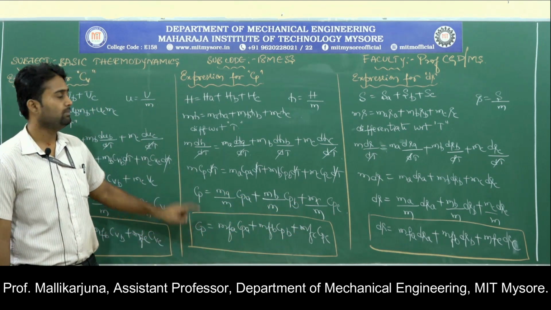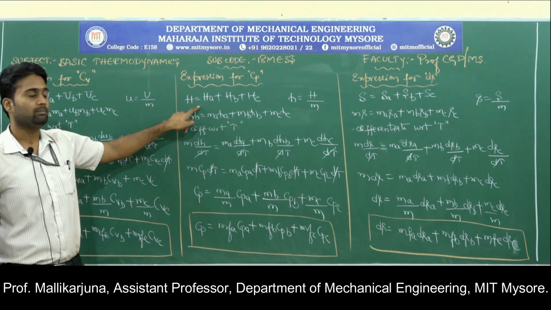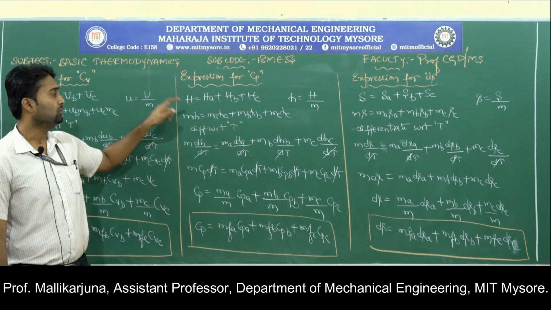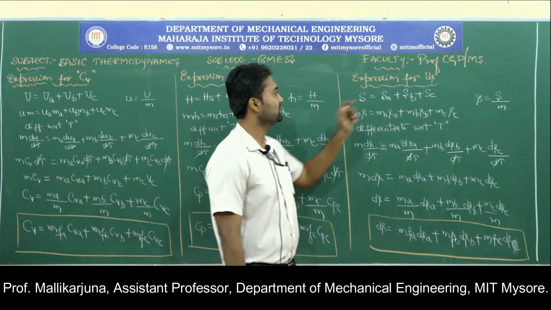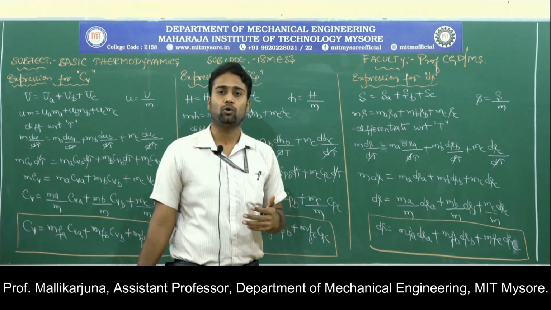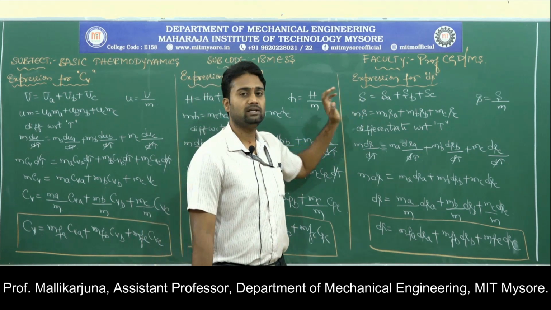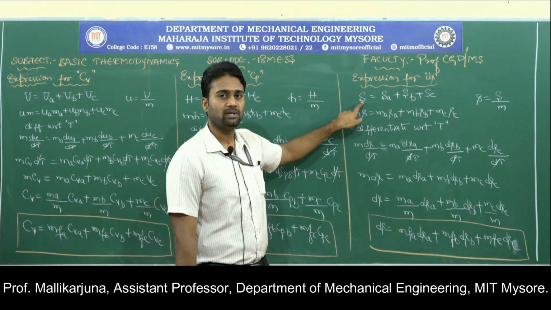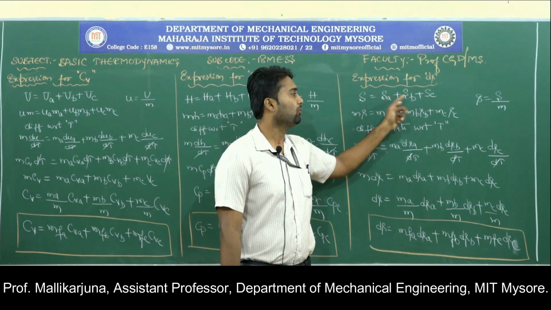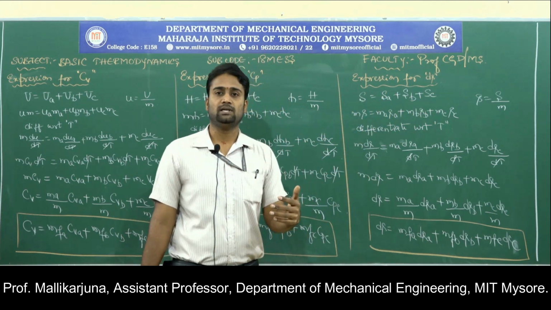In order to arrive at the Cp, you need to begin your solution from the equation of H. And the last expression is the expression for change in entropy. Here I will begin with the same term: the entropy of the mixture will be equal to the summation of entropies of the individual constituent gases.